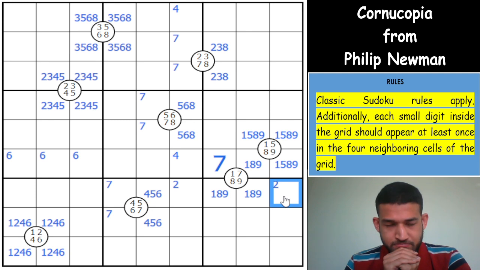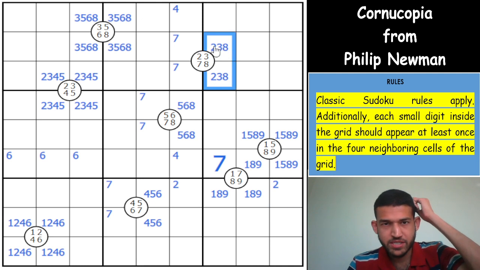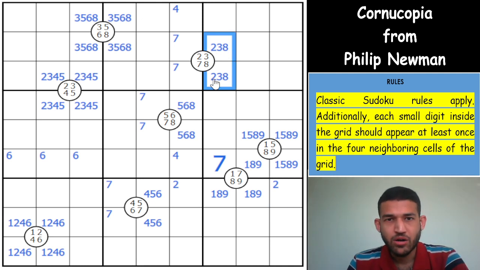So are we supposed to use some sort of placeholder technique here? I'm noticing that at least one of 2 or 3 must be here. So let's mark that in red.